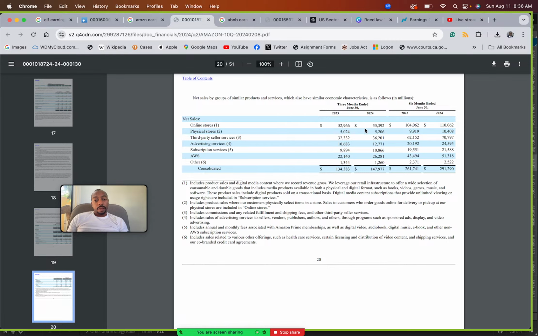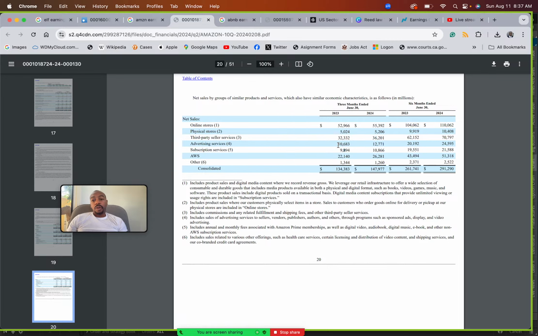So quarter two of last year made 52.9 billion on the online stores, and look at the growth still. It made 55 billion this quarter. Physical stores 5 billion, 5.2 this quarter. Third party seller services, like Amazon fulfillment stuff, 32.3 billion last quarter, 36.2 this quarter.